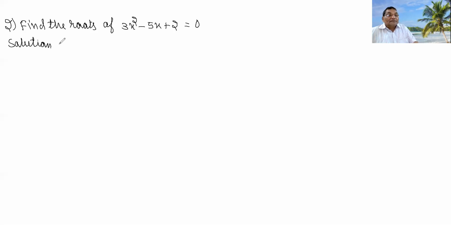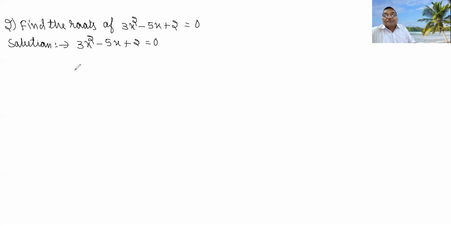Step number 1, write the given equation in the form of ax square plus bx plus c. Look here, ax square plus bx plus c form. So you take the given equation as it is. It is already in a standard form: 3x square minus 5x plus 2 equal to 0.